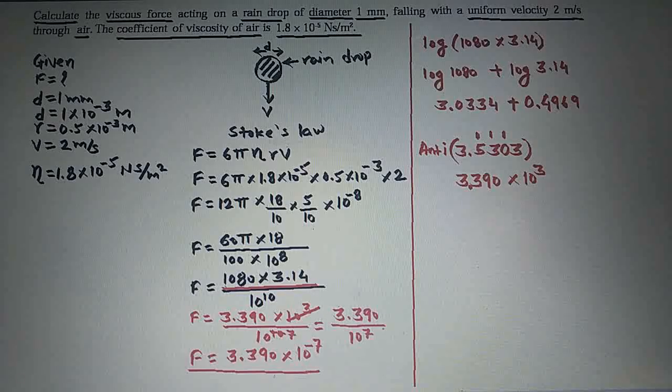The unit of the radius, velocity and coefficient of viscosity are in meter and second, so here the unit of force is Newton. So the viscous force acting on the raindrop is F is equal to 3.390 into 10 raised to minus 7 Newton. This is the final answer of this numerical, and this is the total solution of the numerical.